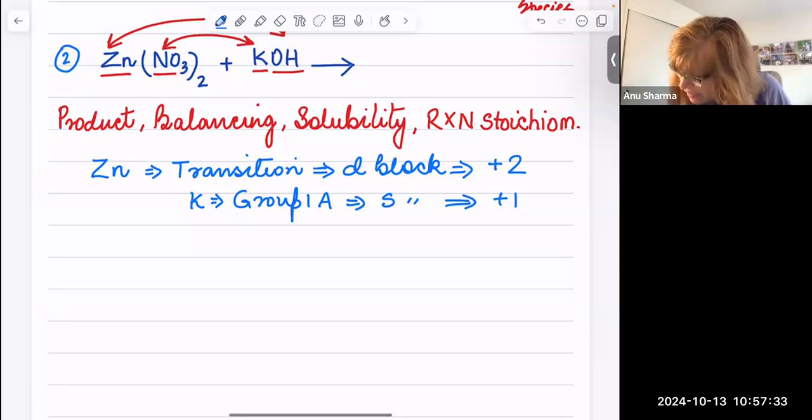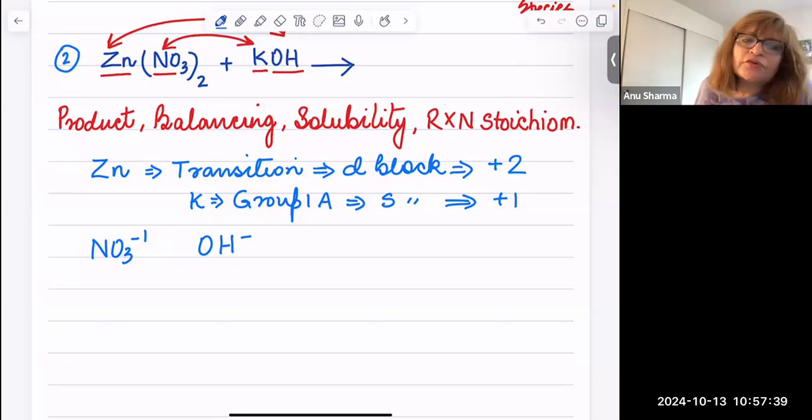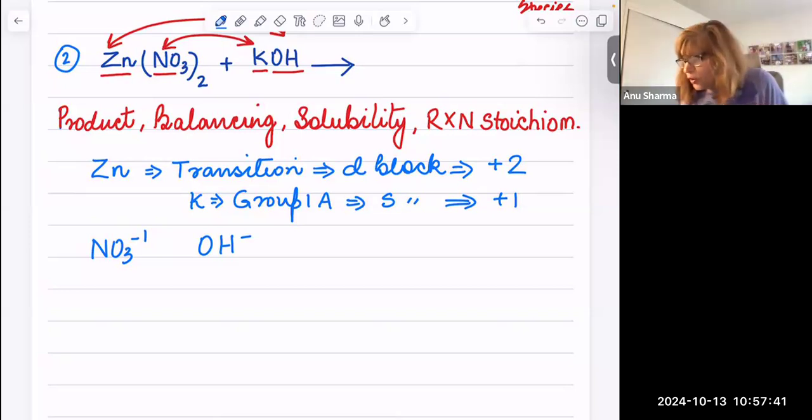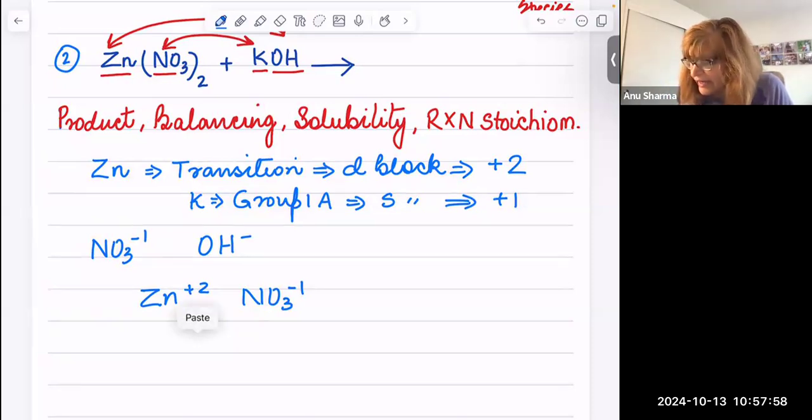Anyways, so here we have the nitrate, as I was telling you, nitrate -1 and OH -1. This is something you need to memorize, okay? So with that said, zinc +2, nitrate -1. First, you ionize them, so they give you zinc and nitrate ions.